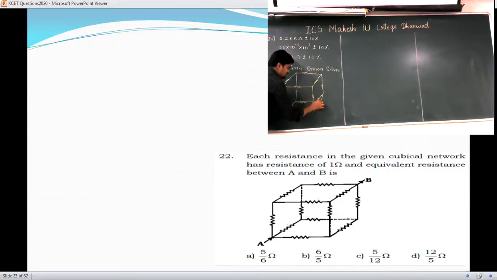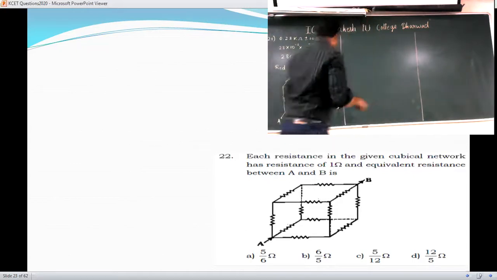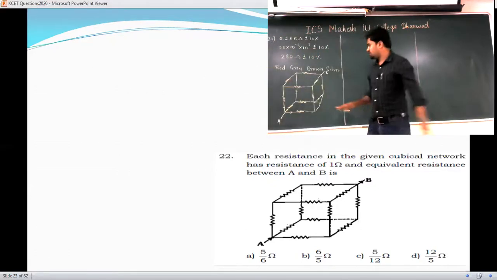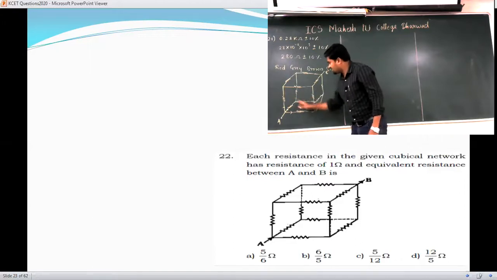In these types of problems, you take the 4 faces. This is the point A, and this is the point B. You are calculating the equivalent resistance between A and B. So you have to stretch the points A and B. According to Kirchhoff's current law, from point A the current is divided into 3 branches, so you can make it one symmetry.